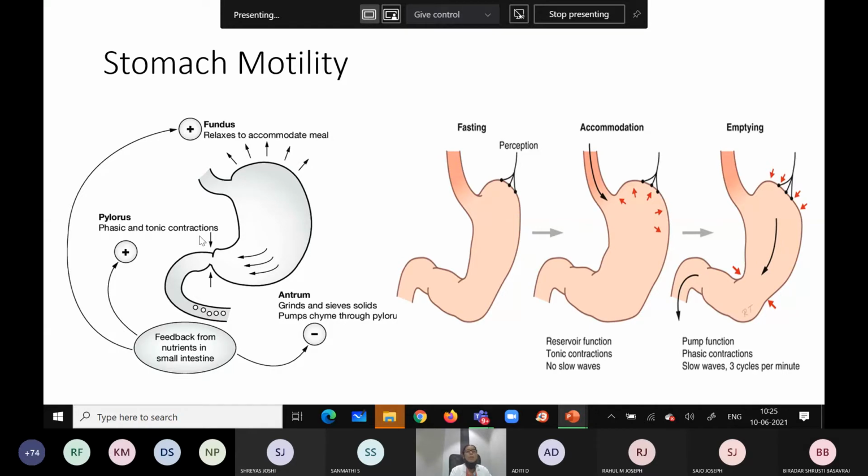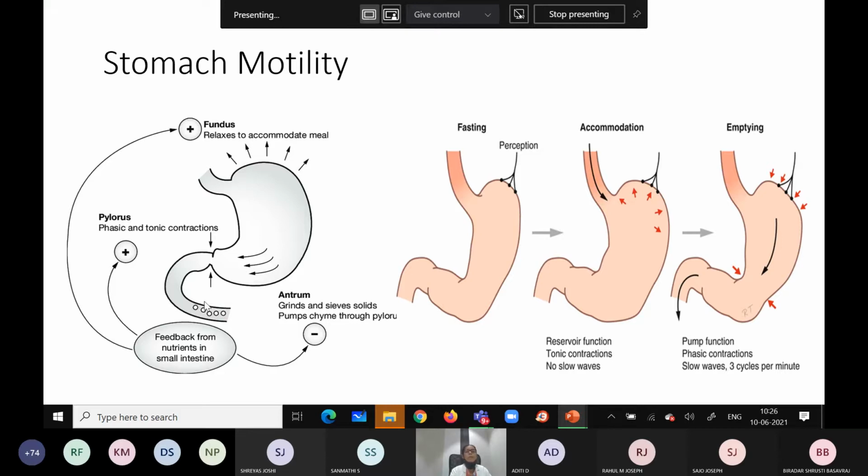Now the phasic and tonic contraction. Our pyloric sphincter will contract and relax, and a little amount of food will be released into the duodenum. The presence of food particles in the duodenum will act as a feedback mechanism also.